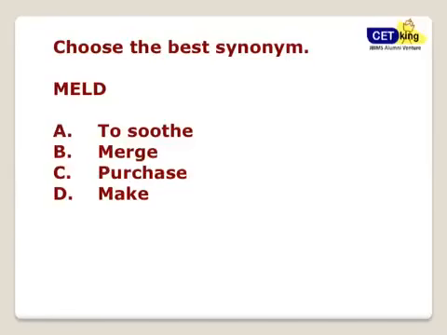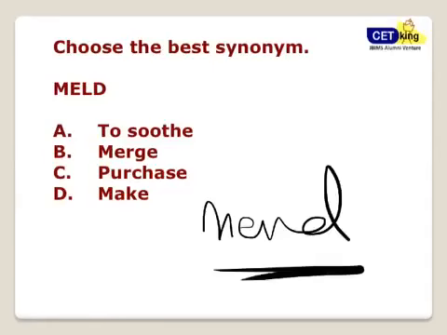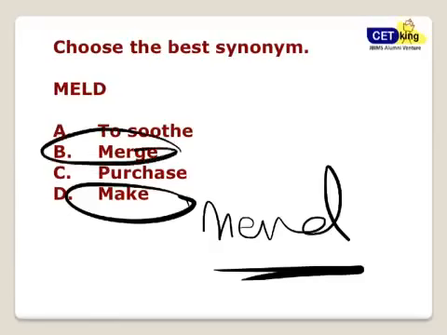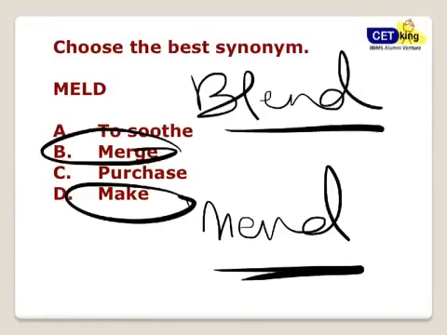If I don't know the meaning, I'll think of it as mend. Mend is to improve, change, something like that. Or to make something. But that's the wrong word. The actual answer is merge. Meld is the same as blend. Both of them have the same roots. So it's merge. That's the correct word.